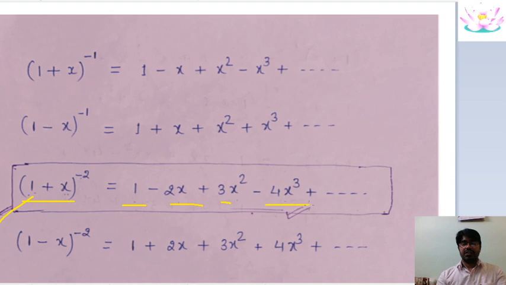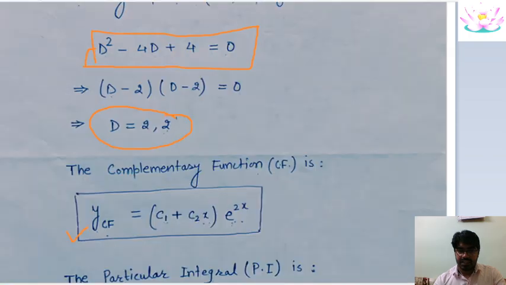So now I am coming to the basic solution. I think things are more clear after seeing the formulas. Yes, we have already calculated the complementary function. The next step is to calculate the particular integral.